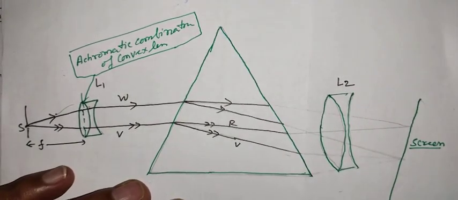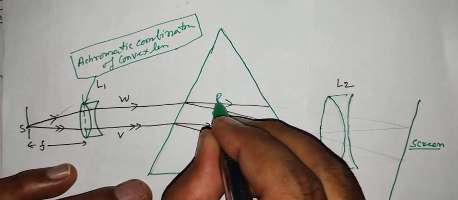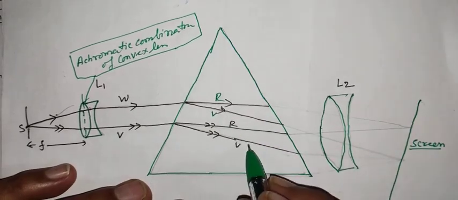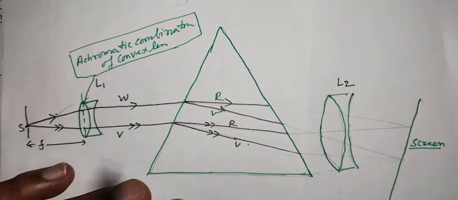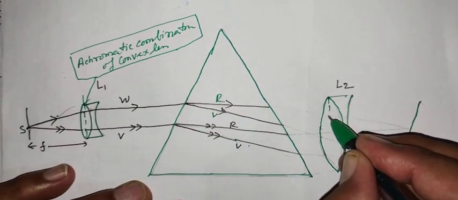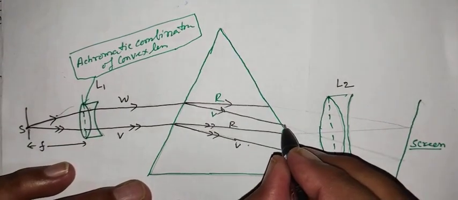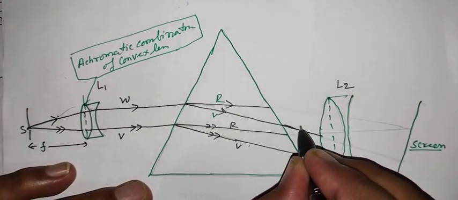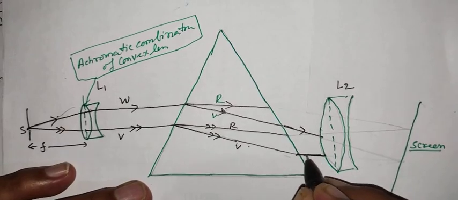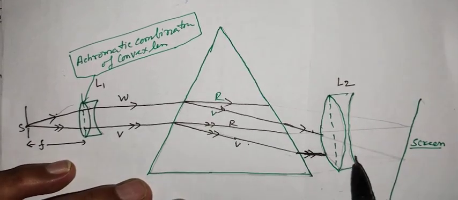When the violet and red, the violet of the end color, these two, after refraction, fall on the lens L2, the violet of the first and the second both become parallel.